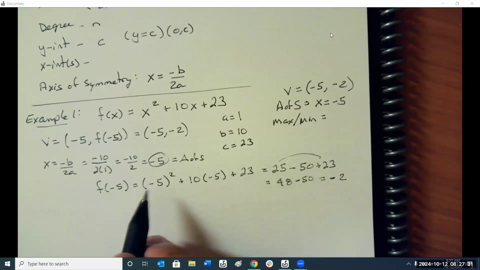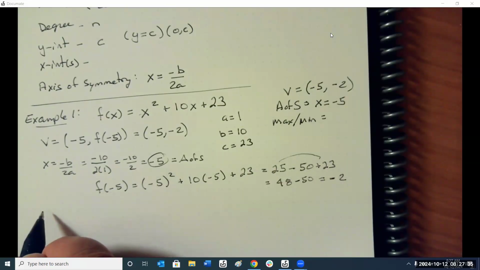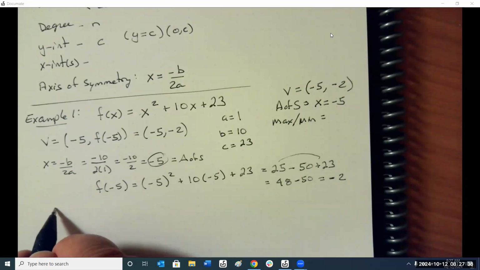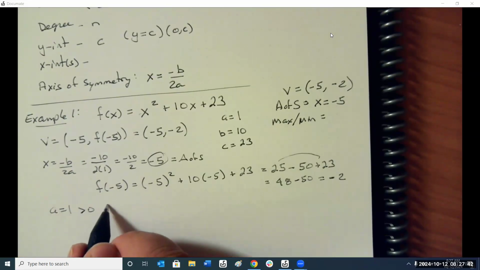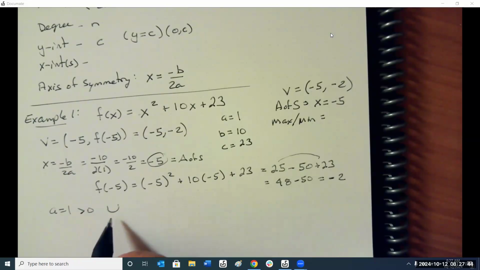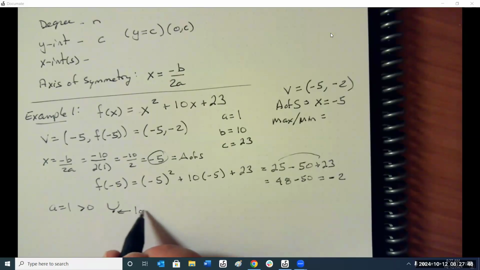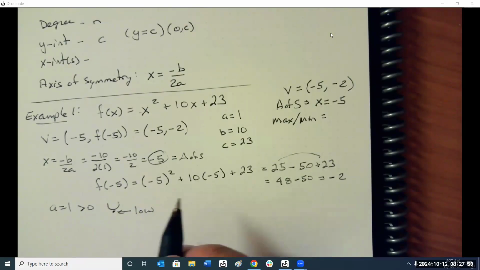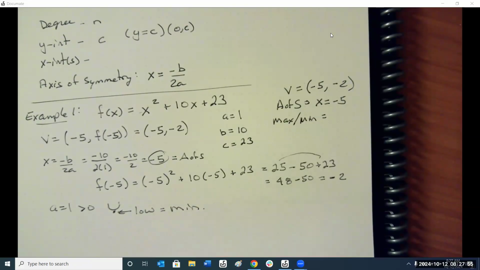Now our axis of symmetry is the x value. The max and min: the a value is 1. It's greater than 0, so it opens up. If it opens up, we have a low number. So it is a min.